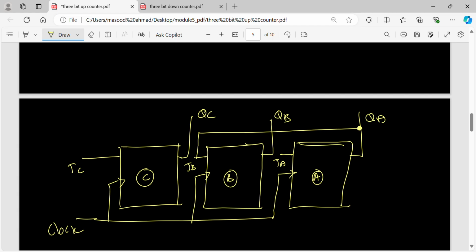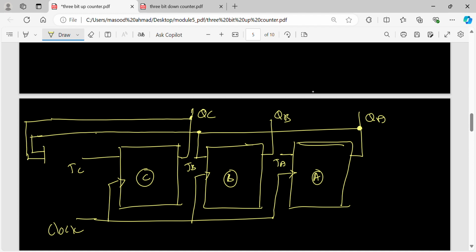So I take QA further. Then I take a QC here, which is there. Now I'll take these two and give them to the AND gate, which I will get.